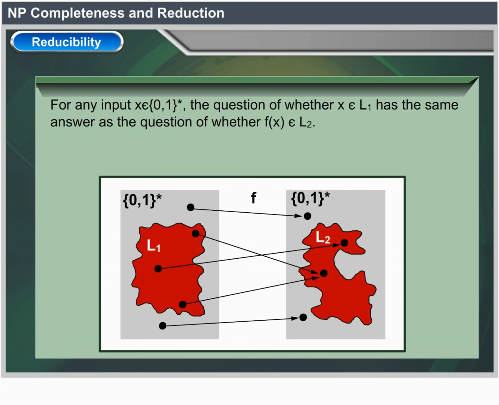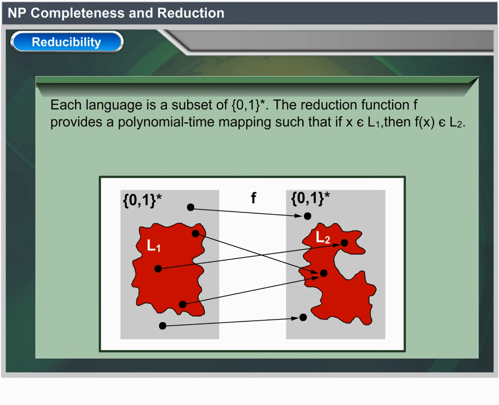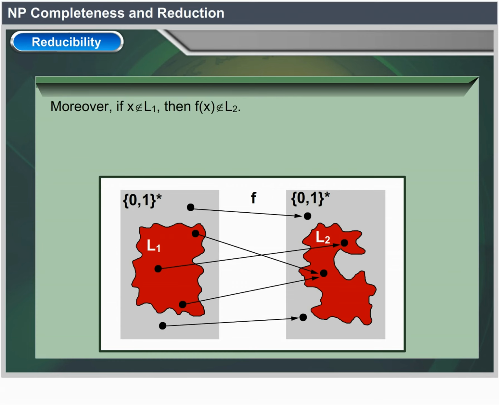Each language is a subset of {0,1}*. The reduction function f provides a polynomial time mapping such that if x belongs to L1, then f(x) belongs to L2. Moreover, if x does not belong to L1, then f(x) does not belong to L2.